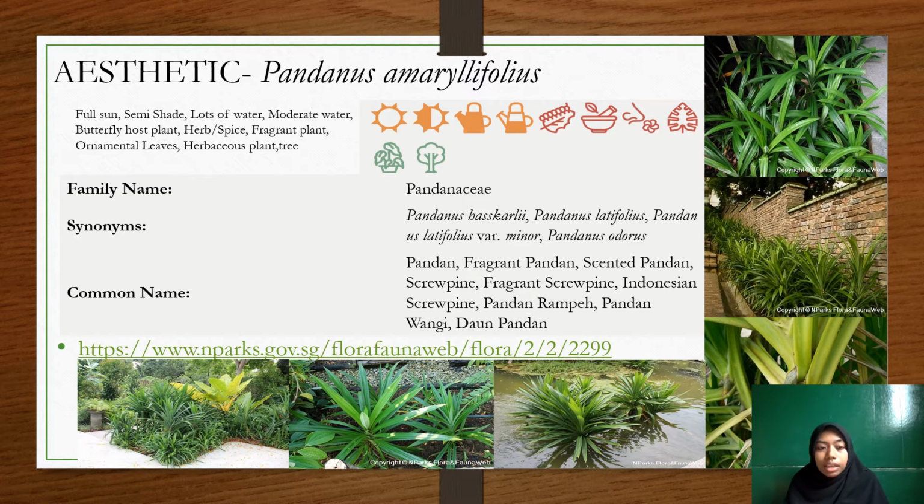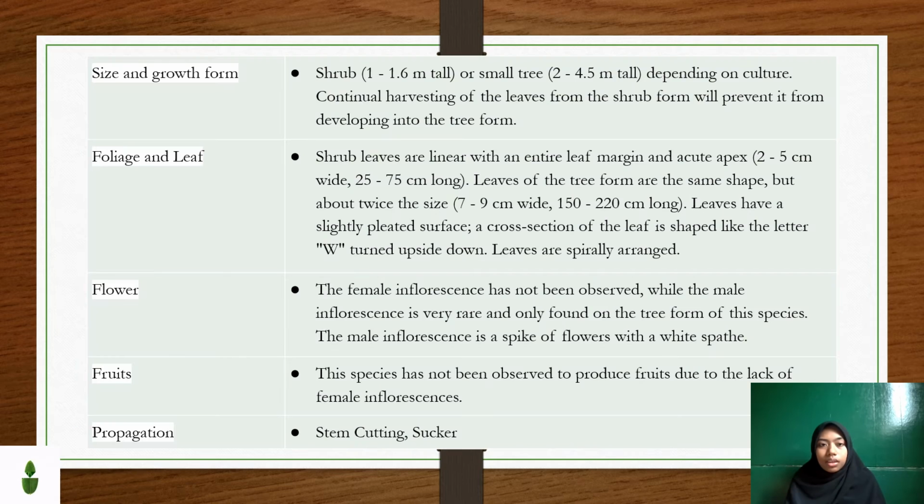I have attached the link that I referred to for information and an example image on this slide. And on this slide is the characteristic of the pandan plant: size and growth form, foliage and leaf, flowers, fruits, and propagation.